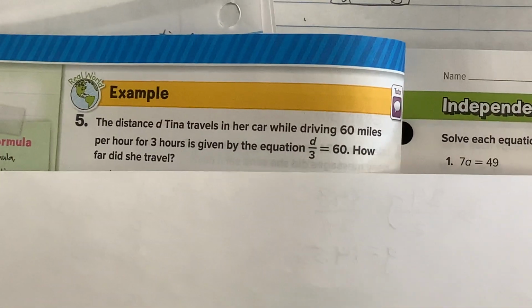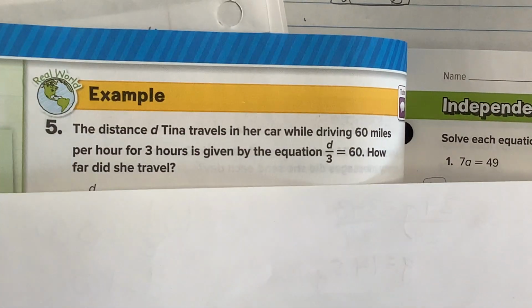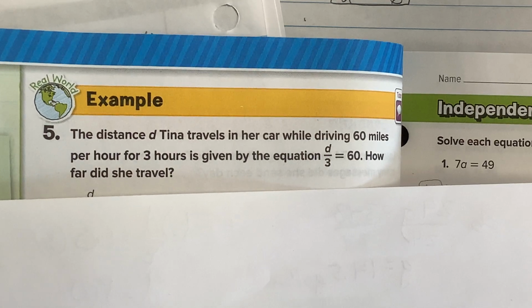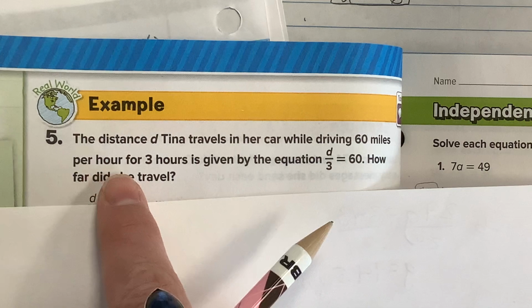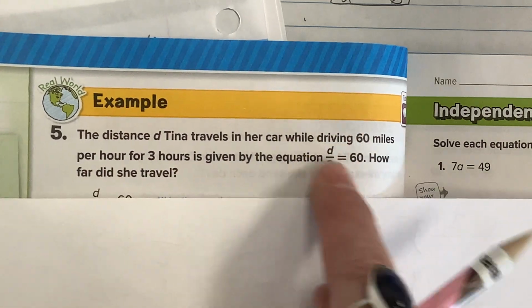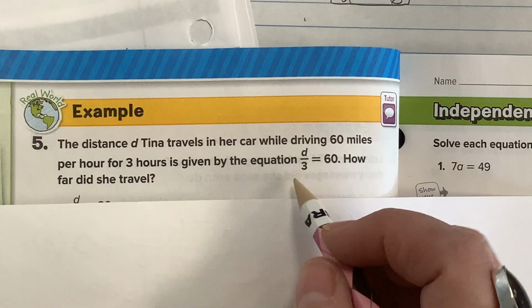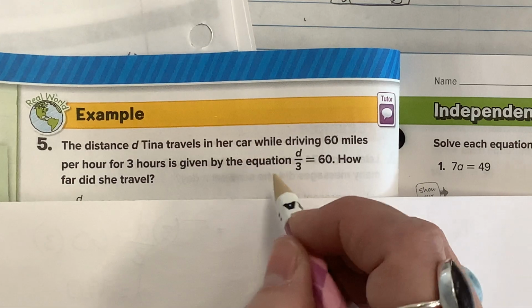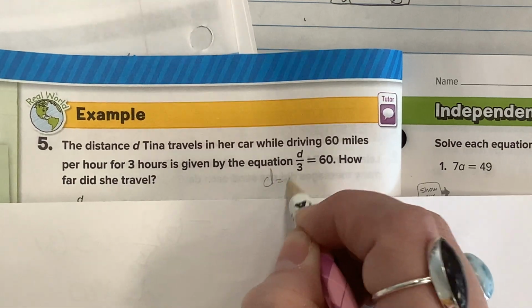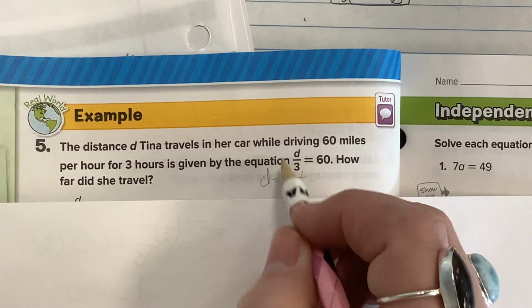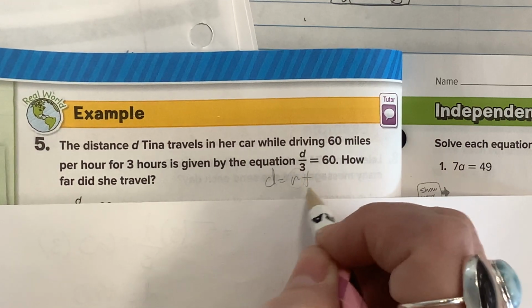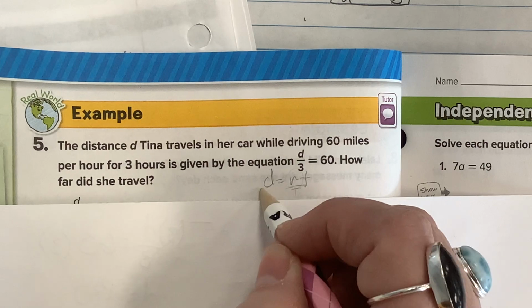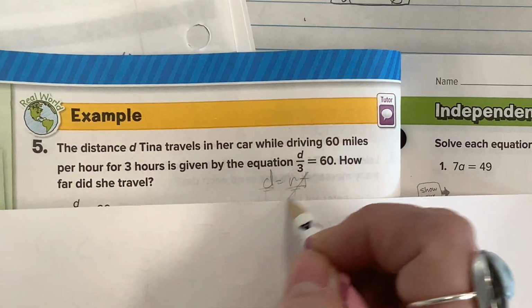Looks like this. The distance Tina travels in her car while driving 60 miles per hour, so that's our rate, for 3 hours is given by this equation. So you've seen the formula distance equals rate times time. What we've done is we've solved for the rate by dividing both sides by the time.